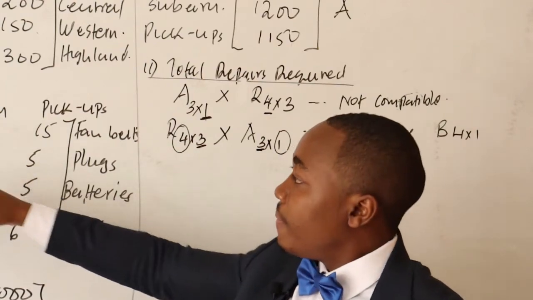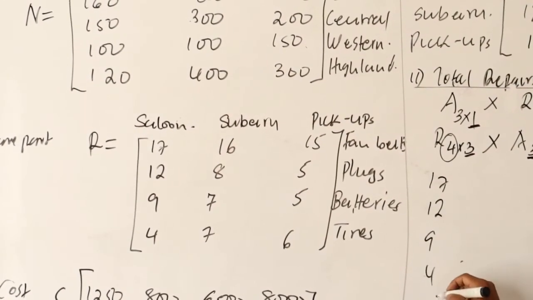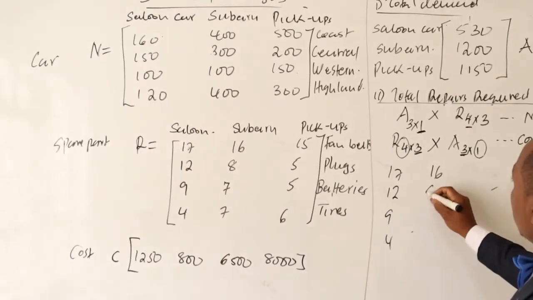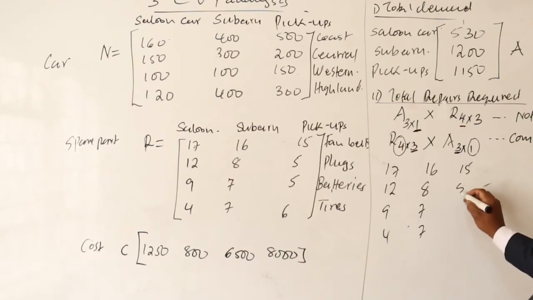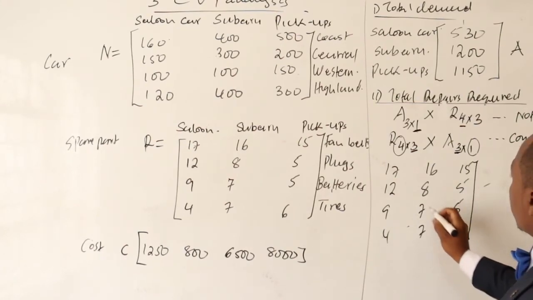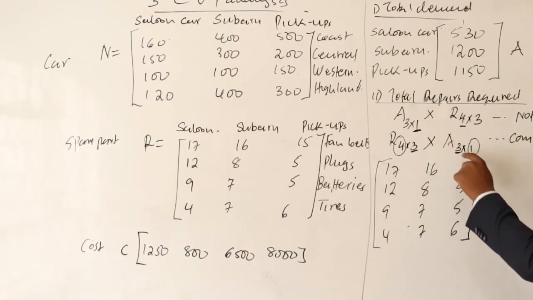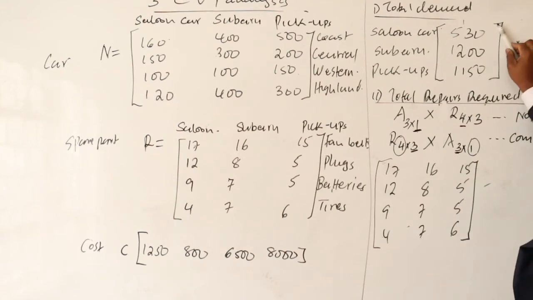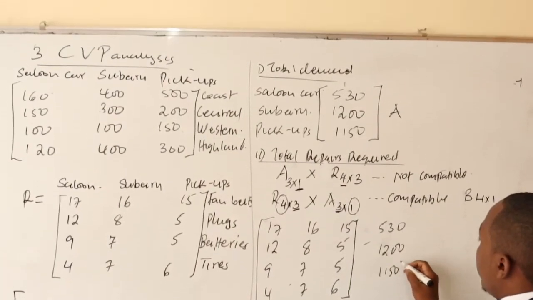This was matrix R, where we had 17, 12, 9, 4, 16, 8, 7, 7, 15, 5, 5, 6. You multiply by A. And you already have your A, this was matrix A. We had 530, 1200, and 1150.